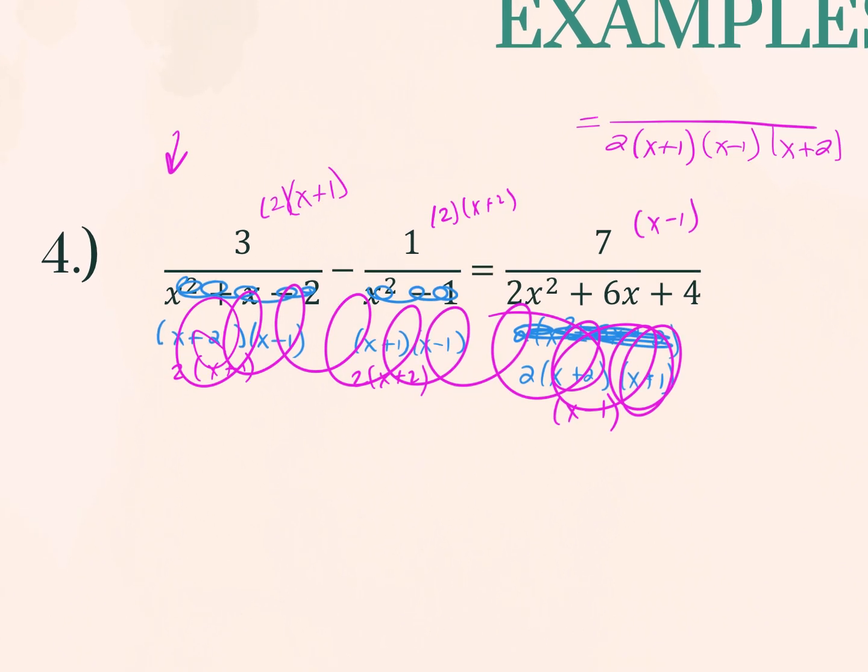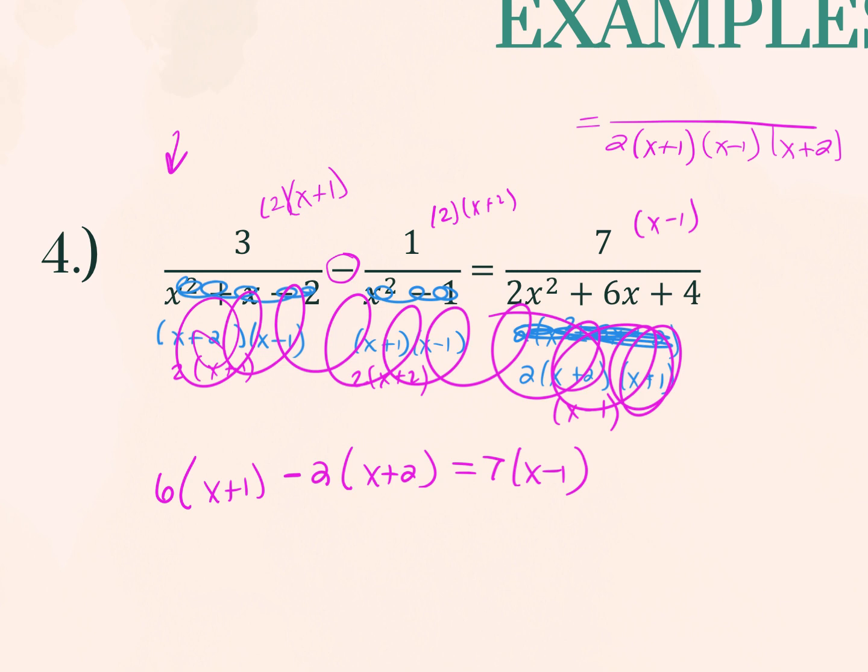I'm going to say 3 times 2 is what? 6. So this is 6 times x plus 1. What is this sign right here? What's the sign in the middle? A minus. Good. Make sure. So you have 1 times 2 is 2. And then I have x plus 2. And then I have an equal sign. And then I have 7 times x minus 1.